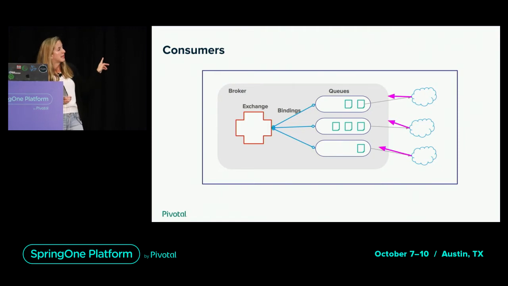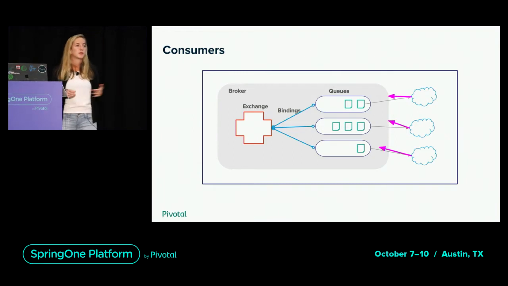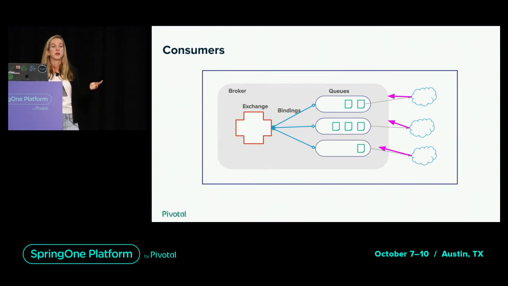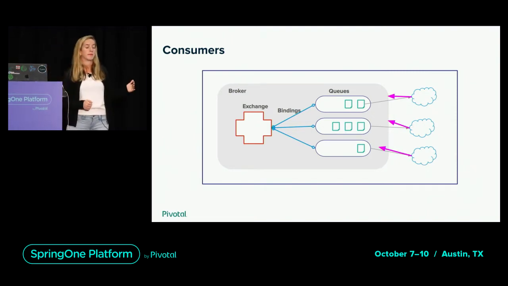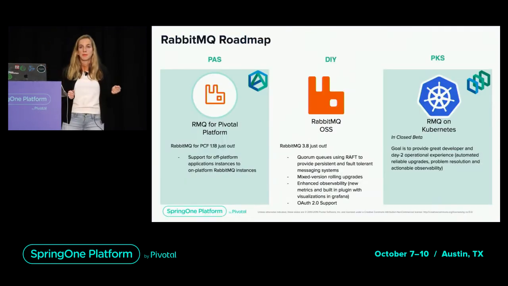Consumers can acknowledge messages back to the broker. And if you're worried about a consumer becoming overwhelmed in this model, you can also set prefetch values, which is the number of unacknowledged messages that consumers can have at any one time, to make sure that they don't get overwhelmed.